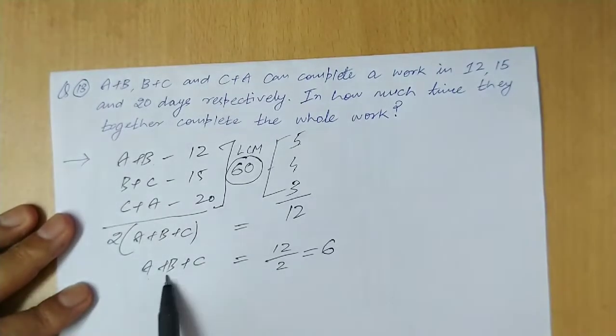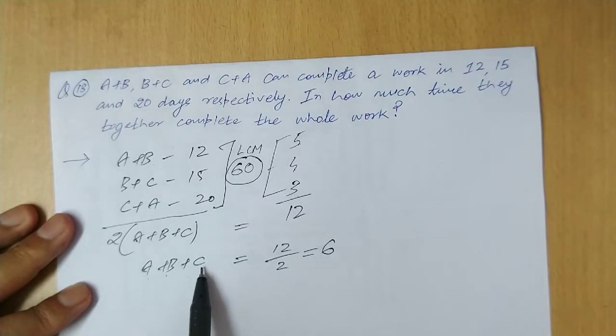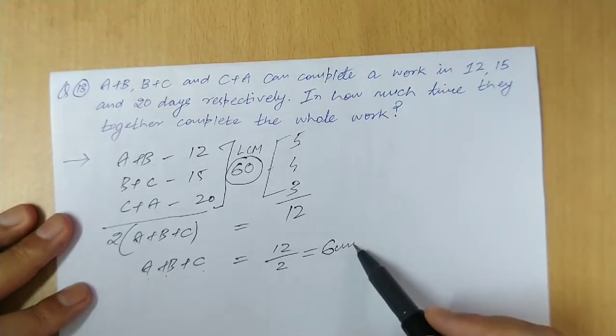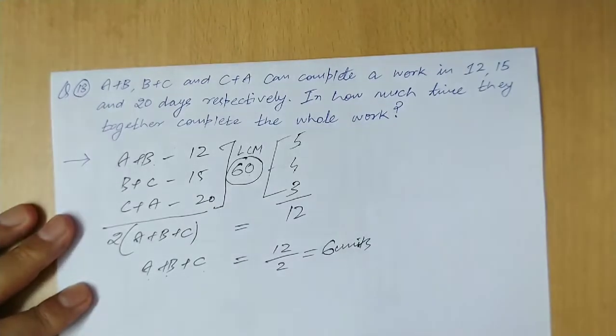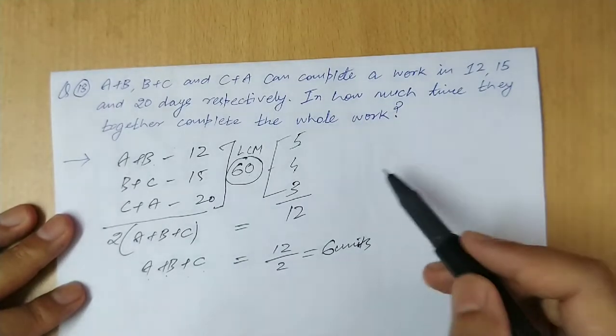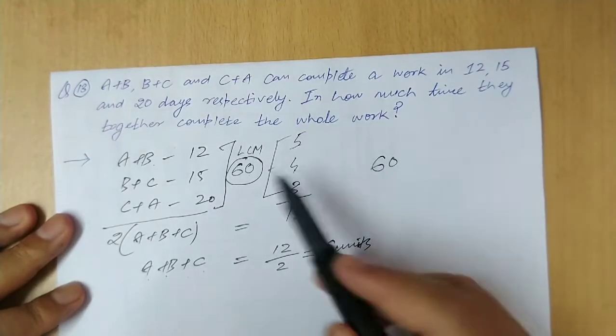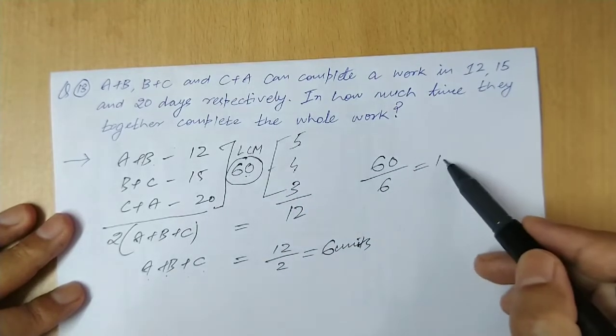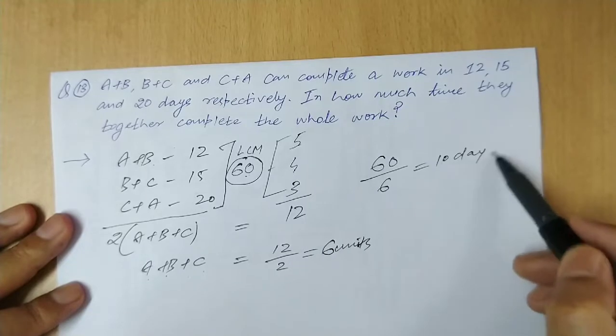So if a, b and c work together, they can complete 6 units of work in a day. Now our total work is 60 units. 60 divided by 6 is equal to 10 days, which is our answer.